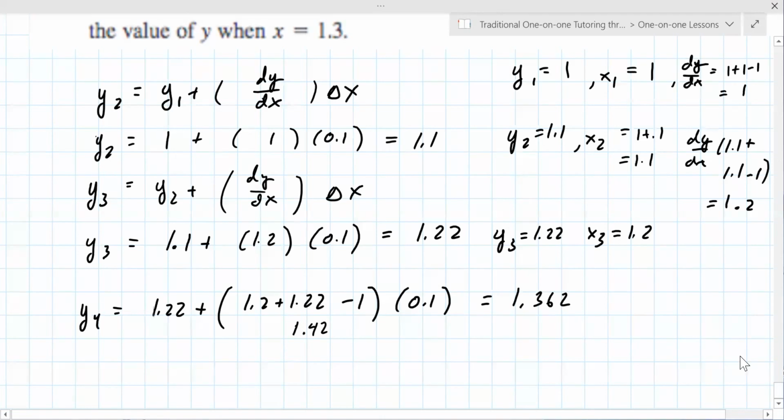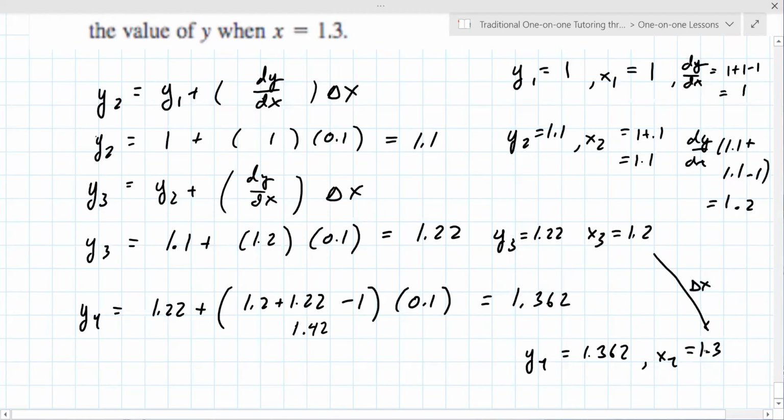It's the steps that matter here. Maybe I calculated it wrong. So 1.2 plus 1.22 minus 1, times 0.1, plus 1.22. No, you got it. Okay, great. So your y4 is 1.342, and your x4 is now 1.3 because you add delta x each time.